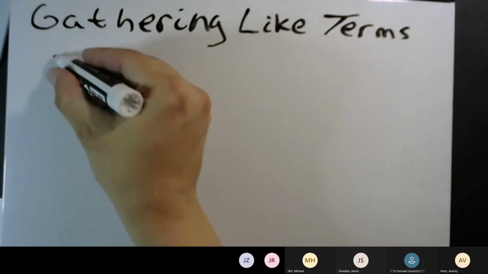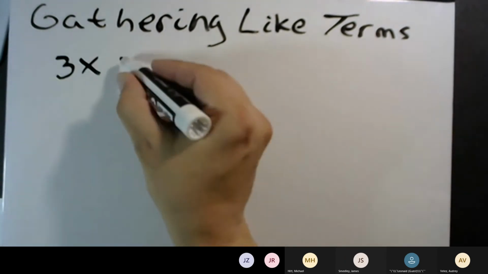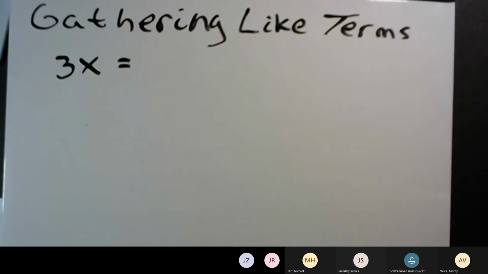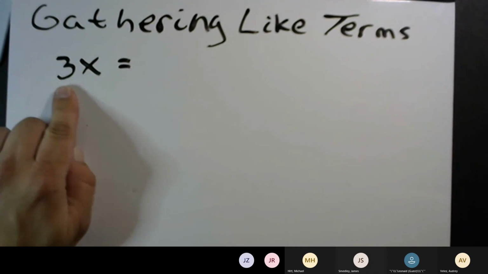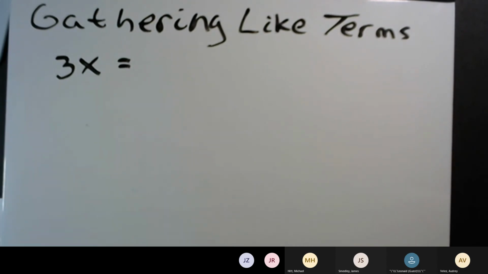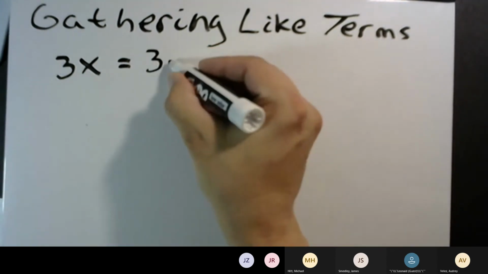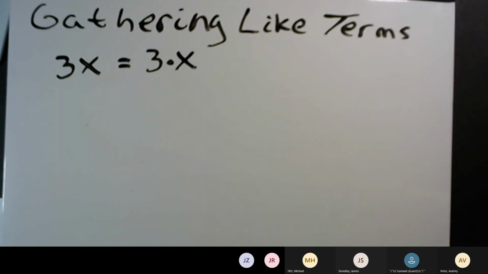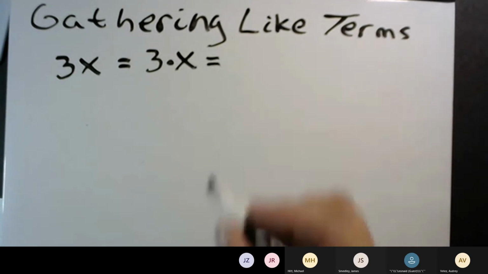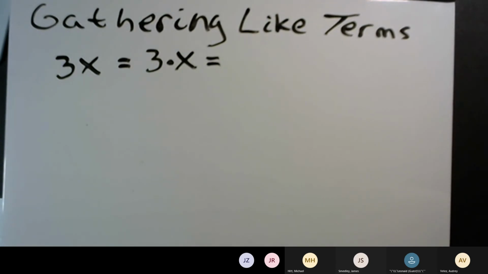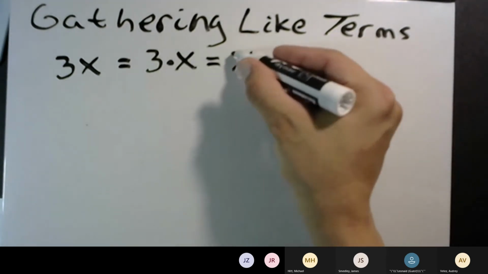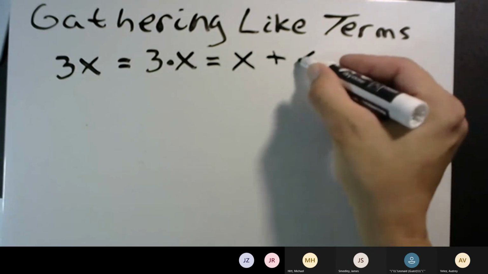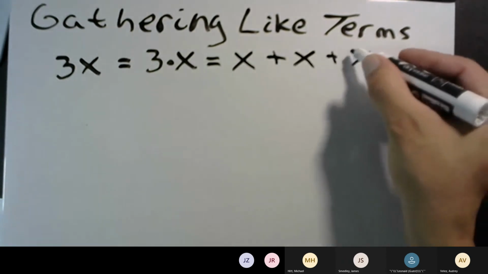So let's take a look at 3x. Now, in algebra, and this is just the language of algebra, it's one of those things you just have to memorize, when you have a coefficient in front of a variable, it really means multiplication. This is 3 times x. And multiplication, well, that's just repeated addition. So this is x plus x plus x.